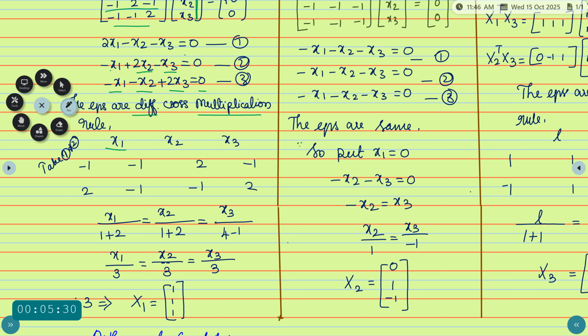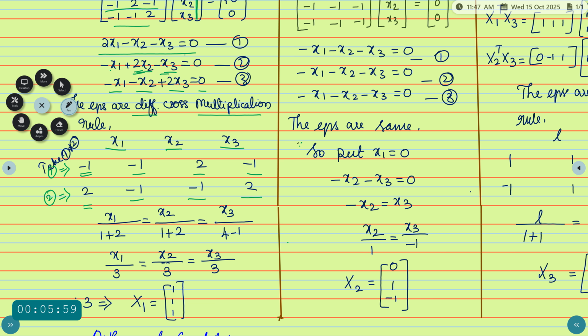Please refer to the previous class for finding eigenvector and eigenvalue. We write x1, x2, x3, and we start with the first equation coefficients and the second equation coefficients, starting with the middle value x2, x3, x1 and x2.